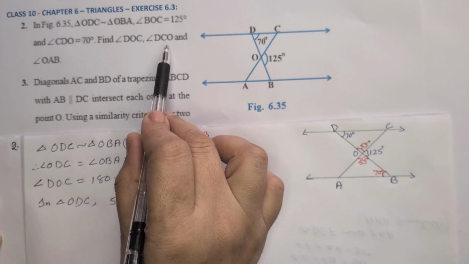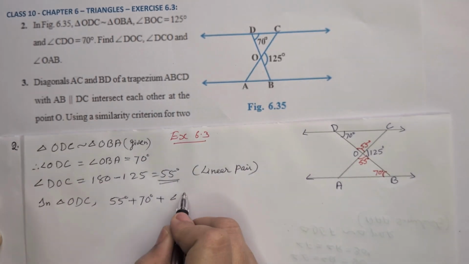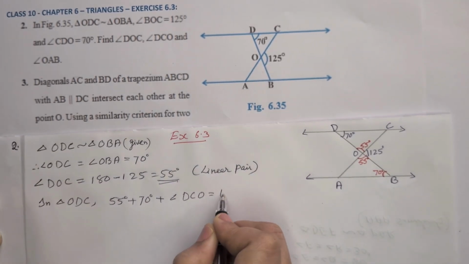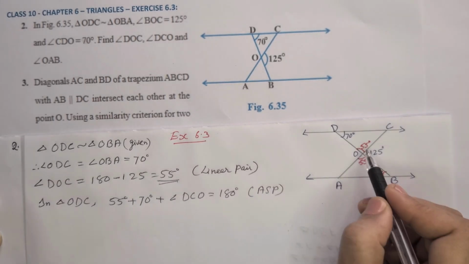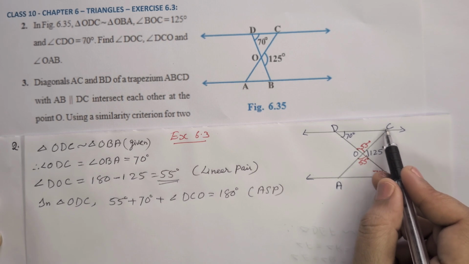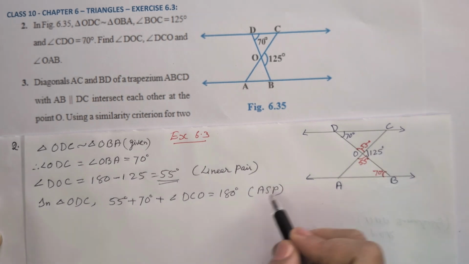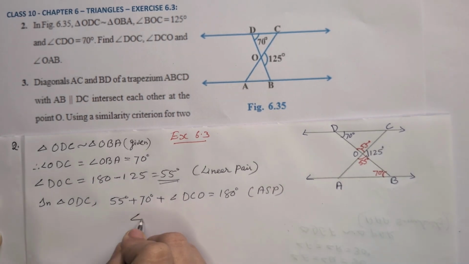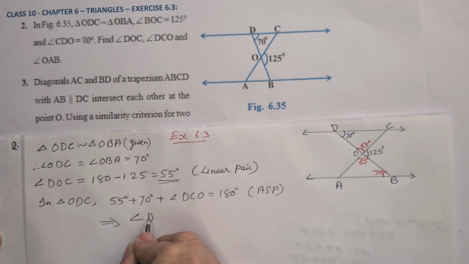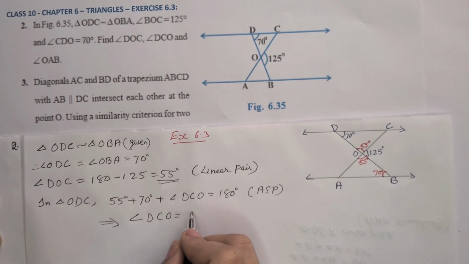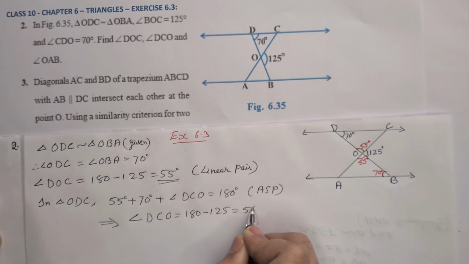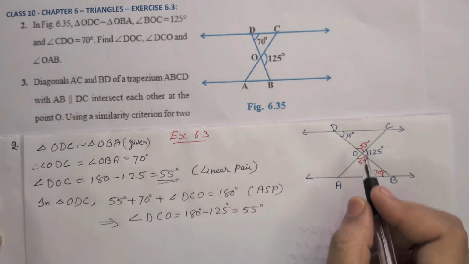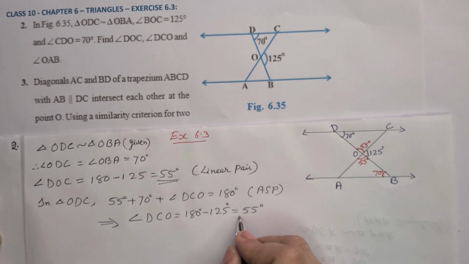According to the angle sum property of the triangle, 55 plus 70 plus this angle DCO is equal to 180 degrees, which means angle DCO is equal to 180 minus 125, which is 55. Now we got this angle DCO as 55 degrees.